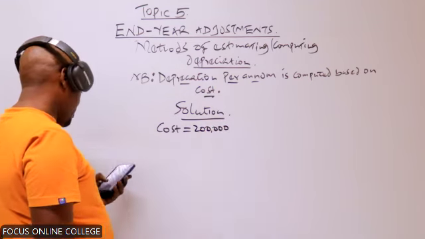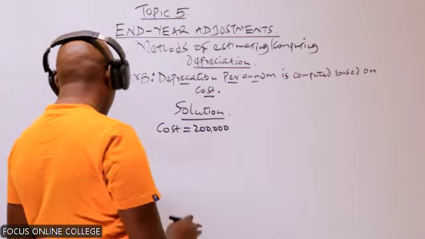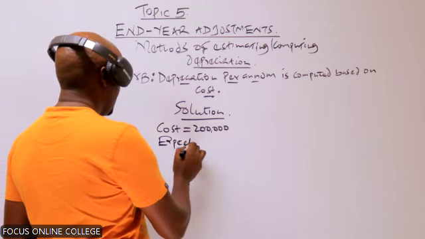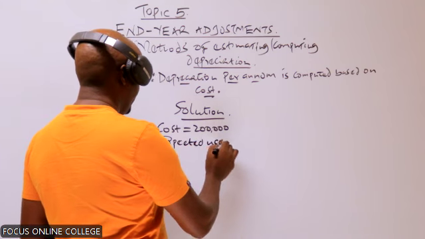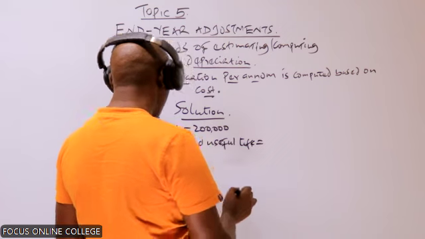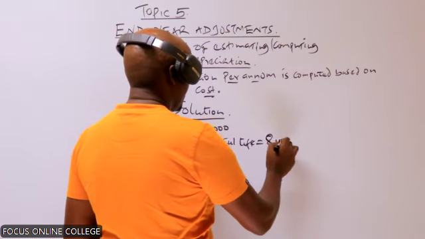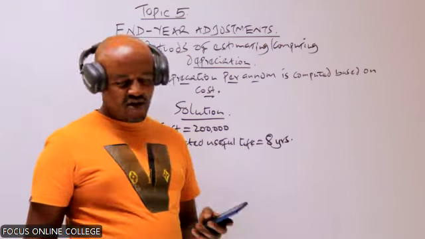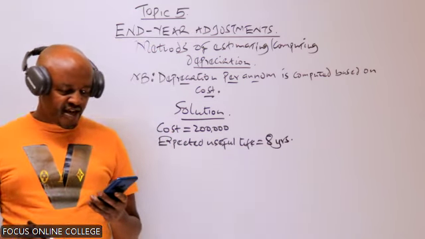And then we are also told that the expected useful life in this case is 8 years. And you're told it can be disposed of at the end of the period for 40,000.